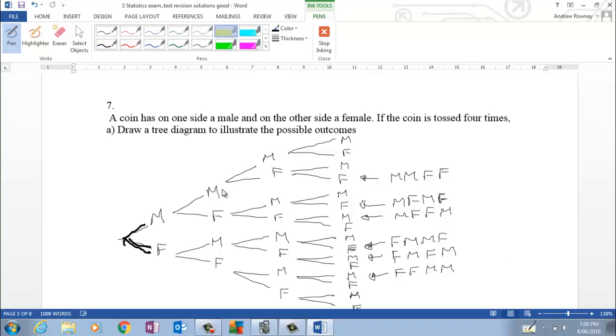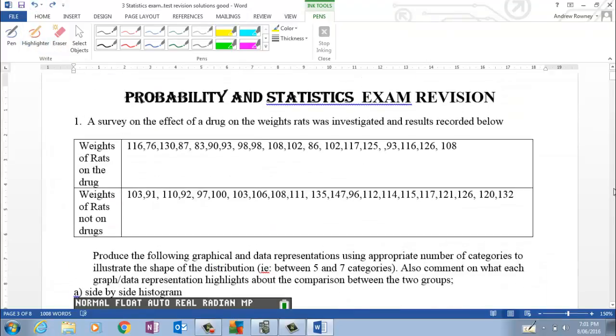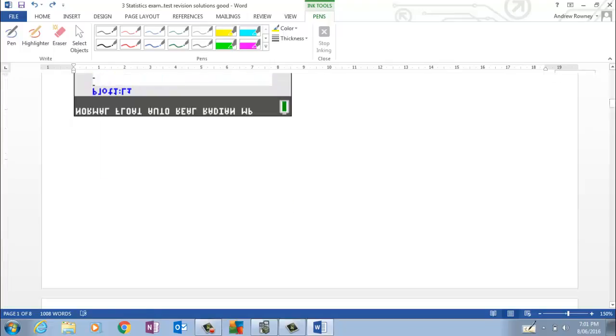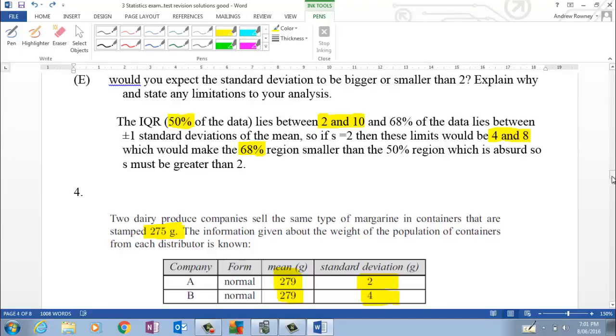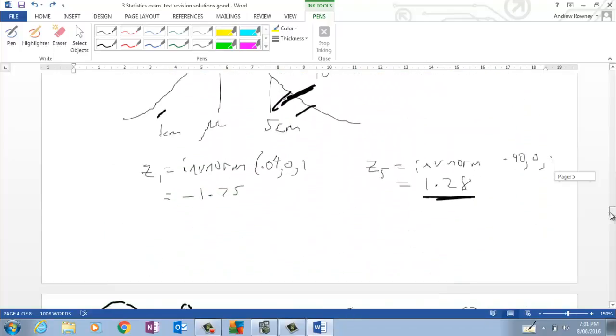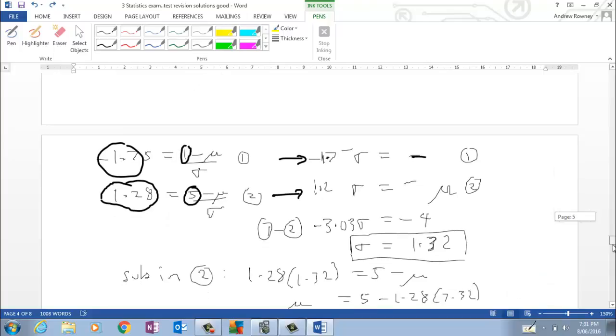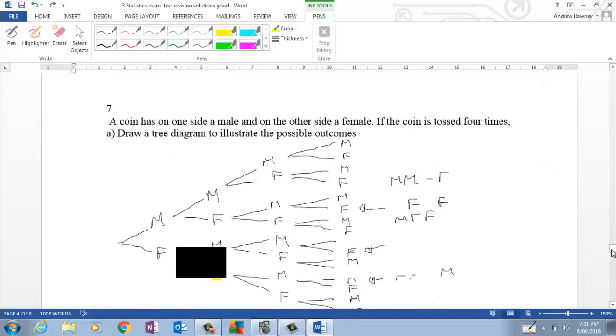In the second toss you could get a male or a female after throwing the male first, or after throwing the female you can get a male and a female, etc. And this one here is the 3rd toss, and this one here is the 4th toss. So you can see that this represents all the different combinations that you can have in throwing a coin, in this case the coin with a male and a female on either side.